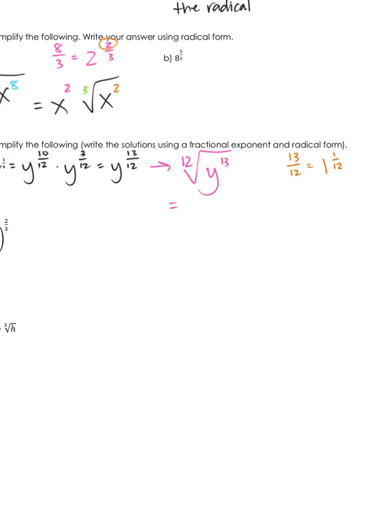And that's going to help me simplify. So there's going to be a y to the first on the outside, which we don't usually write the exponent if it's 1. And then the 12th root of y, which again has a 1 as the exponent from here.